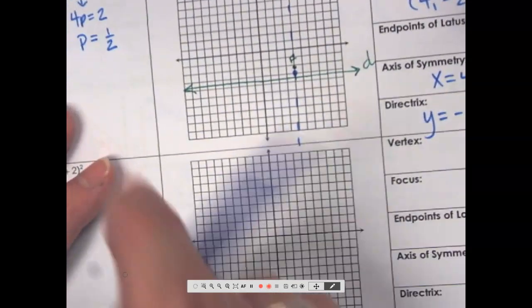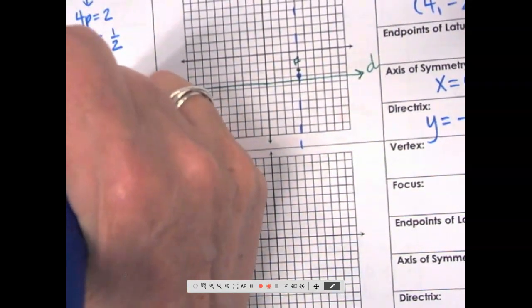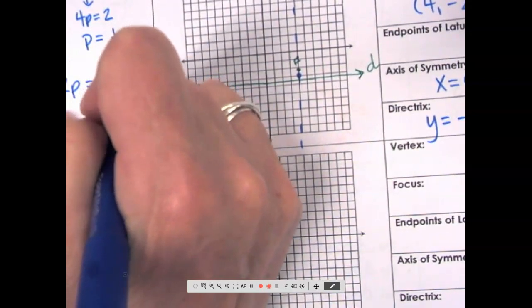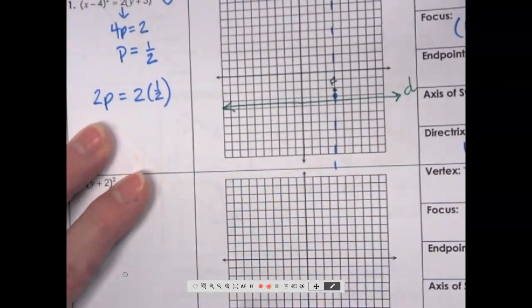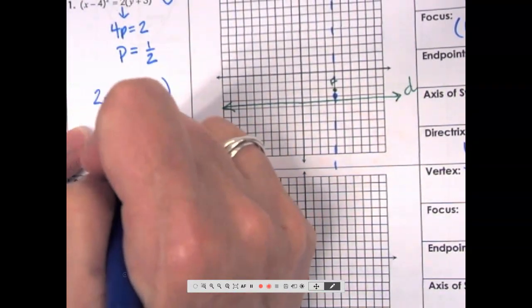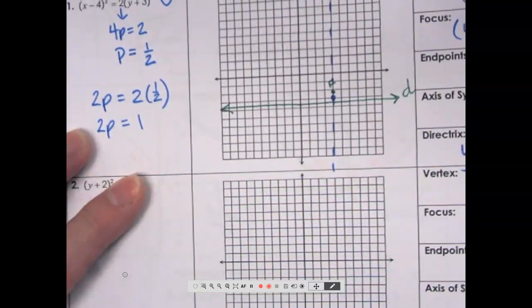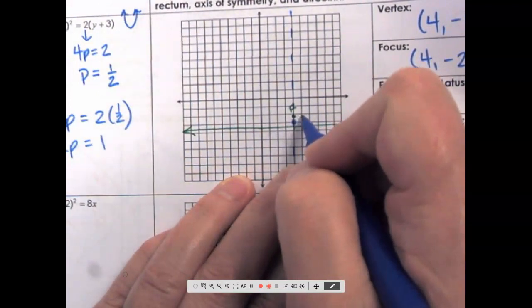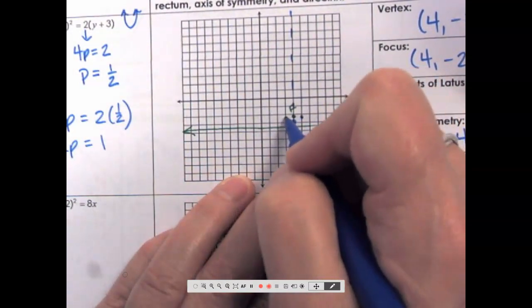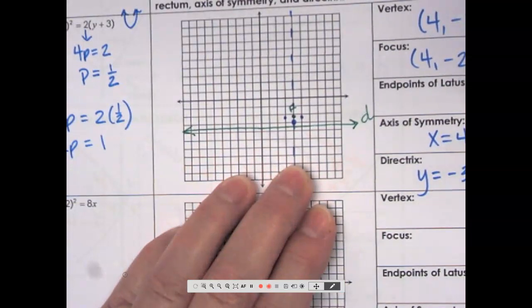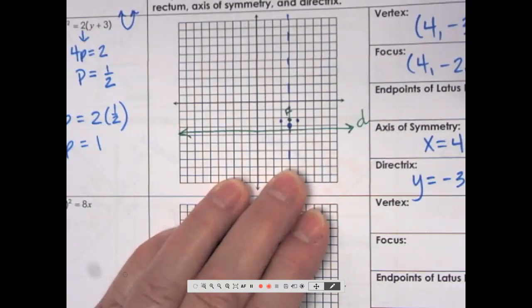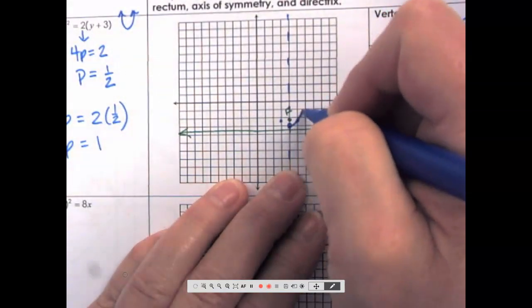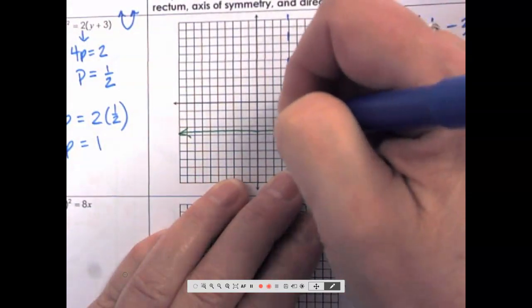If P is 1/2, then 2 times that is just 1. So I am going right 1, from the focus, and left 1, and those are 2 points that my parabola travels through. So I can just sketch it from there.